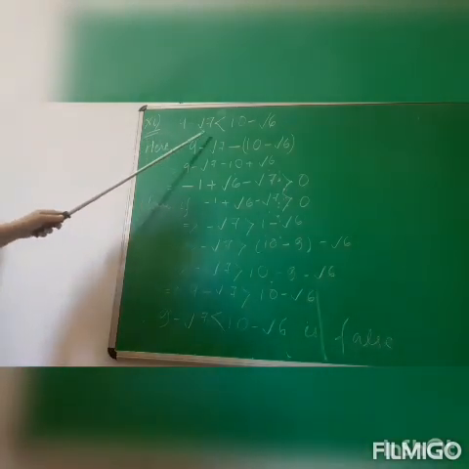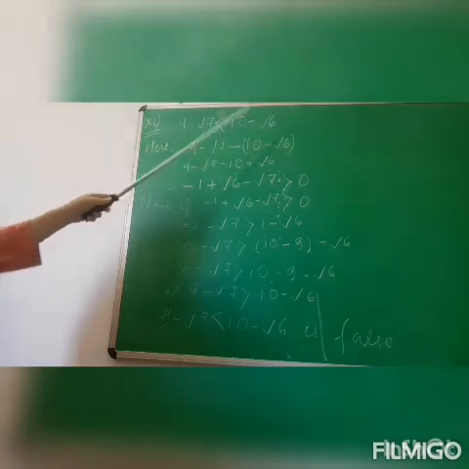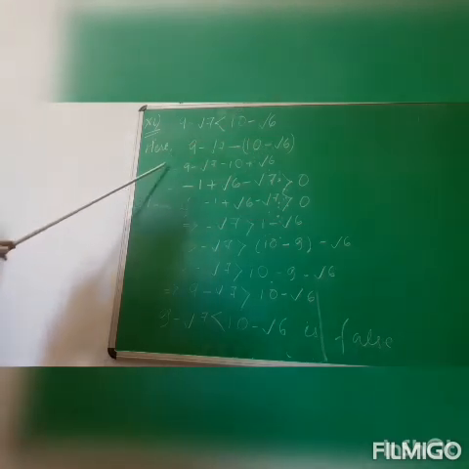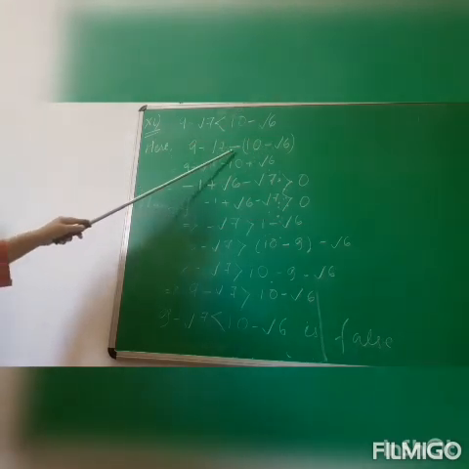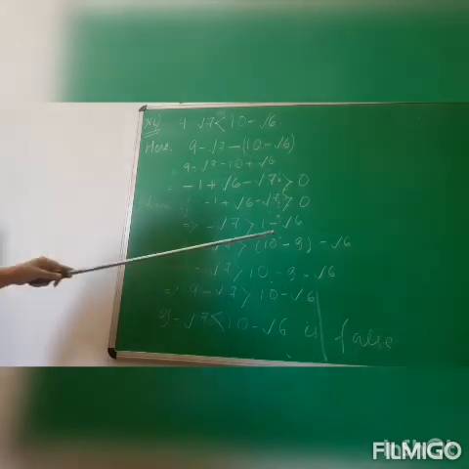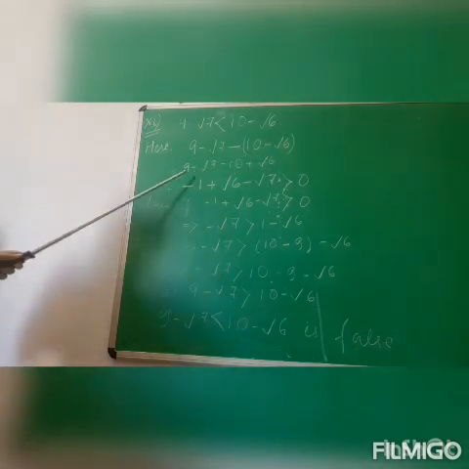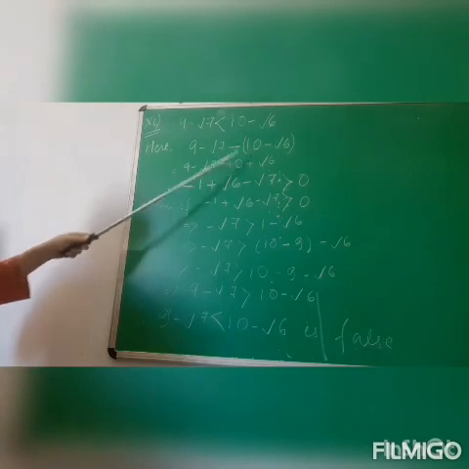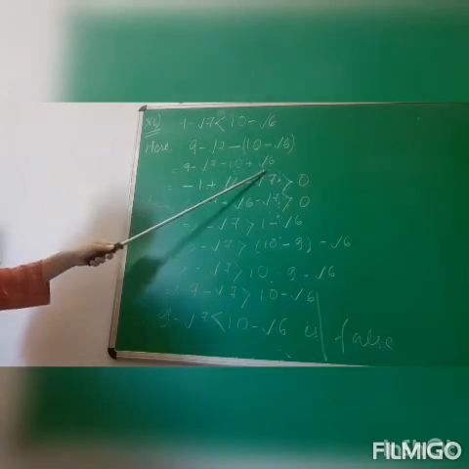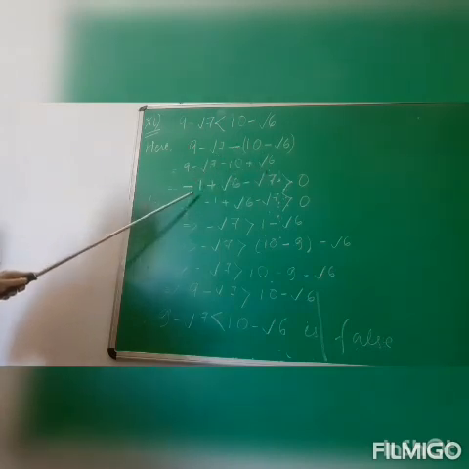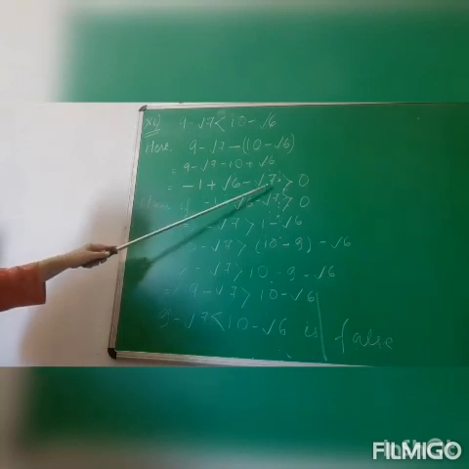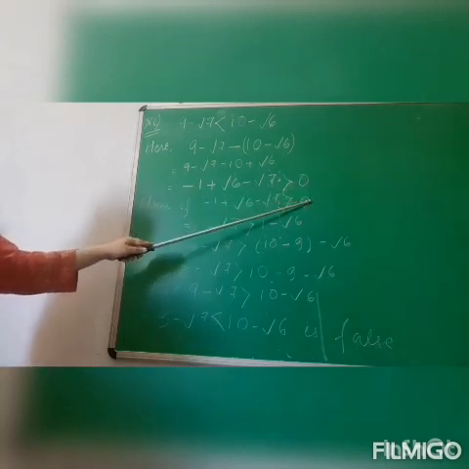Okay. Next we'll see question number 11. See here, 9 minus root 7 is less than 10 minus root 6. For this, I'll do (9 minus root 7) minus (10 minus root 6) first. So what do we get here? 9 minus root 7 minus 10 plus root 6. So 9 minus 10 will give me minus 1 plus root 6 minus root 7, which is greater than 0.